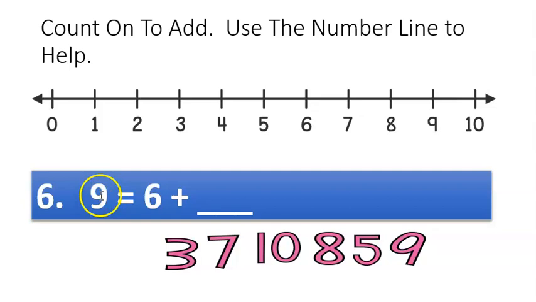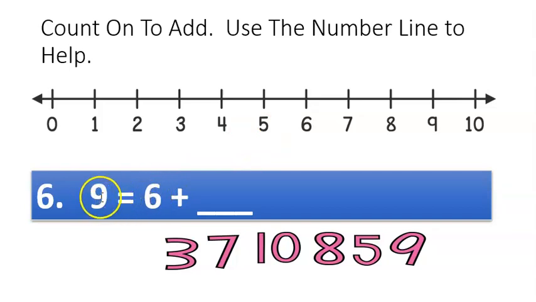What number is this? 9. So look, you're going to have to find 9, which is right here. Now, boys and girls, you're going to go back. Since there's an equal here, we're going to go back 6 times.